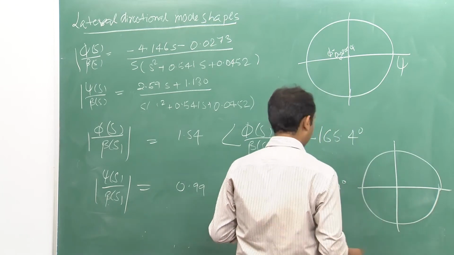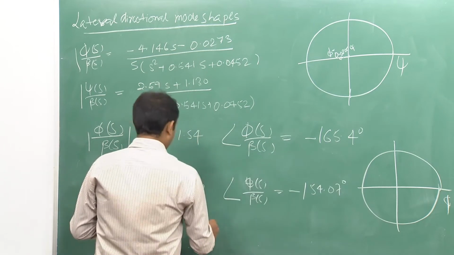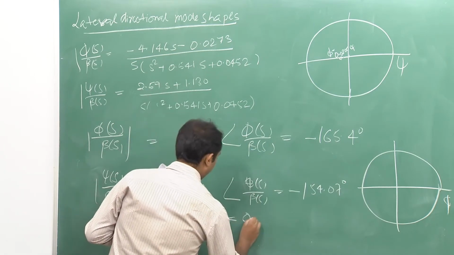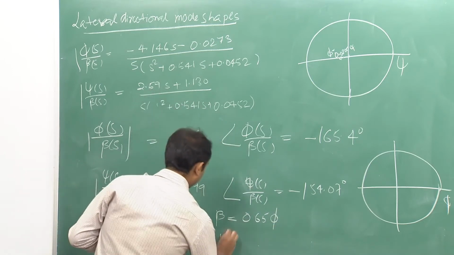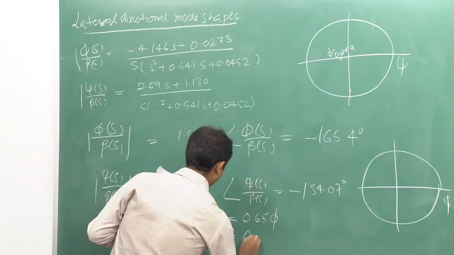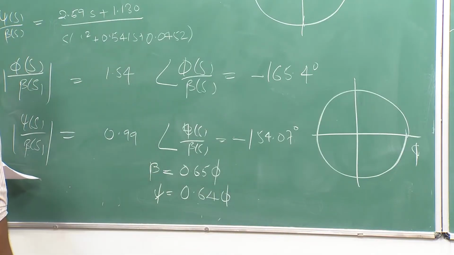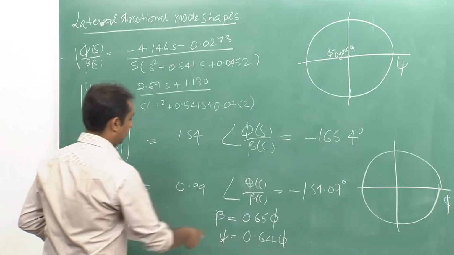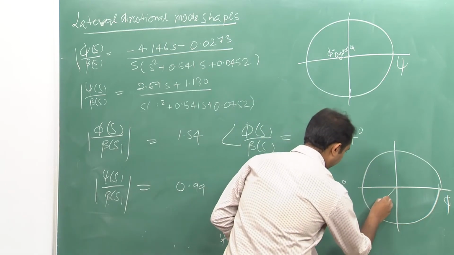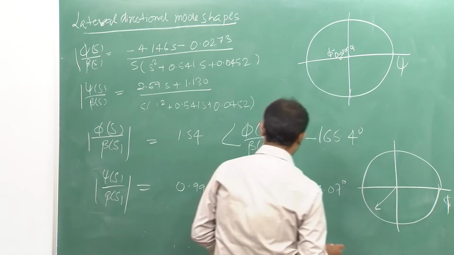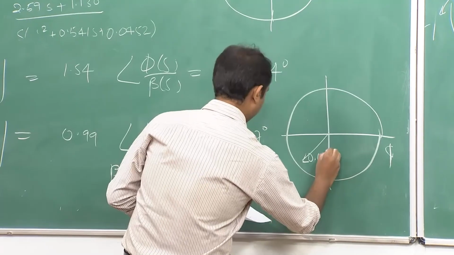When drawing the mode shape of this Dutch roll, a unit circle in terms of phi, you will get beta equals 0.65 phi and psi equals 0.64 phi. Since this is a direct relation, this will be at an angle of minus 165 degree, and magnitude will be 0.65 phi.